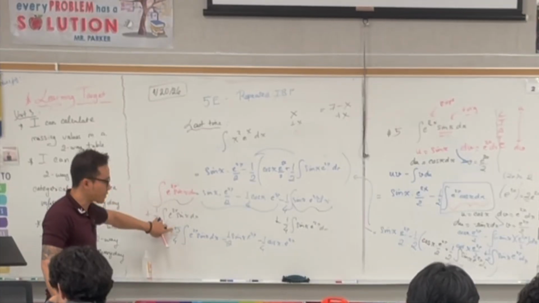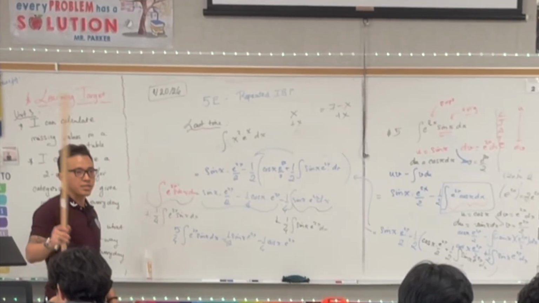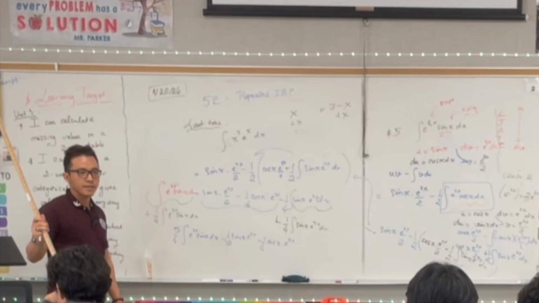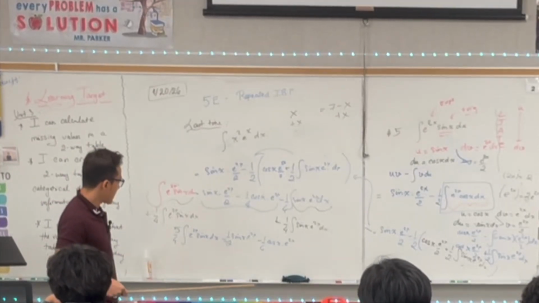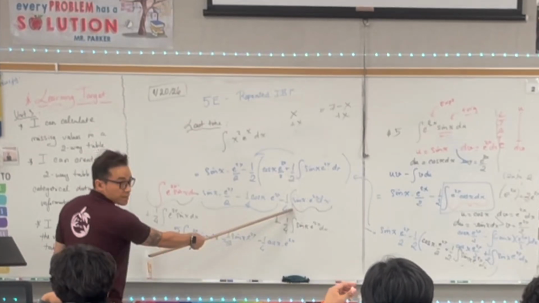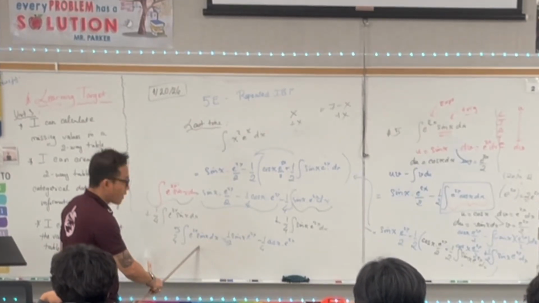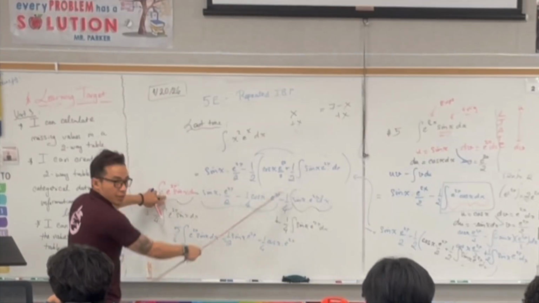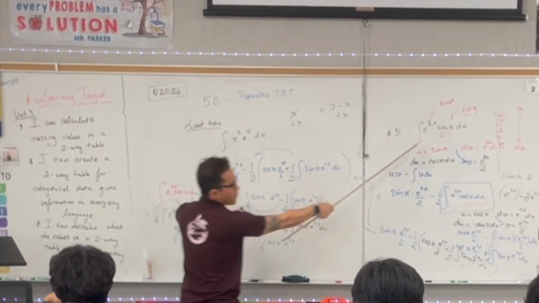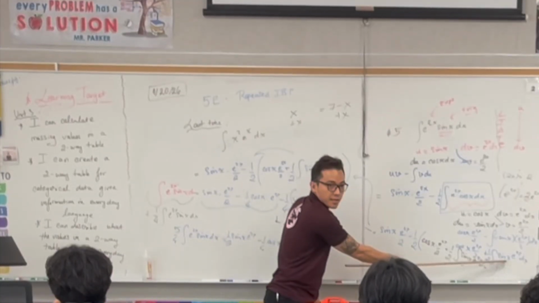So 1 plus 1/4 is 5/4. Any questions? Why do we still have the integral of e to the 2x sine x? We still have this. They are the same. We don't know how to solve them because after we solve them, we get a loop, right?